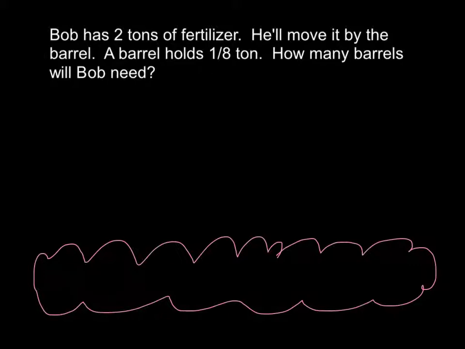Here it doesn't sound like we're making groups. It sounds like we're taking a whole and we're breaking it into parts. Right? We're putting it into barrels, so we're going to be dividing it up into eighths. I've got 2 tons of fertilizer, and I need to divide it into eighths.